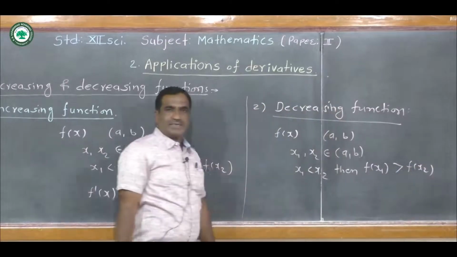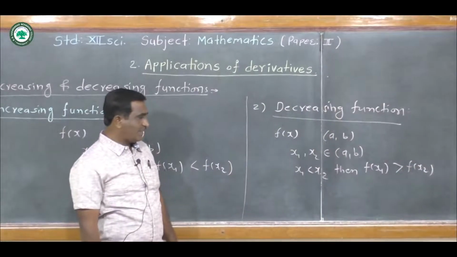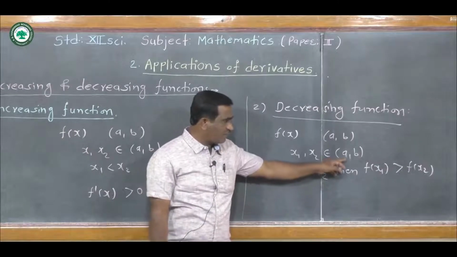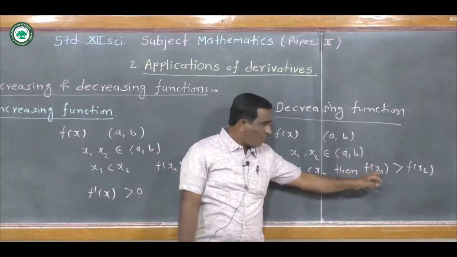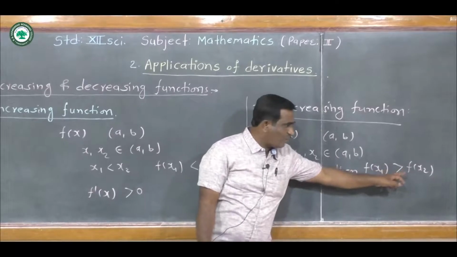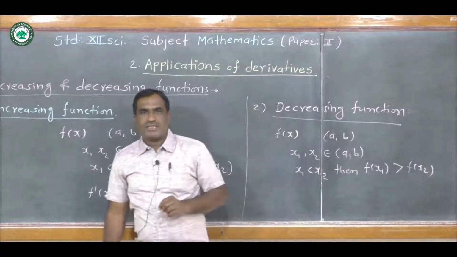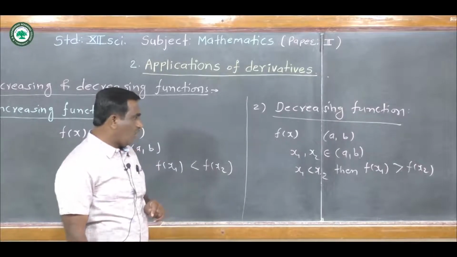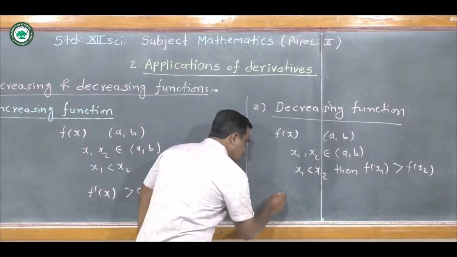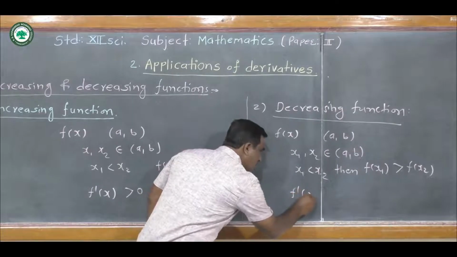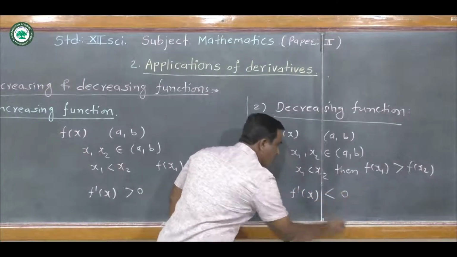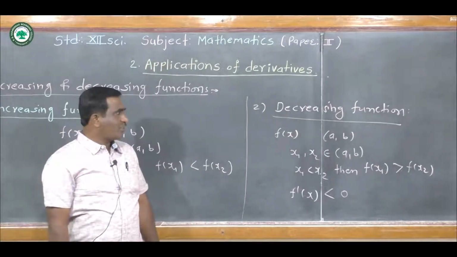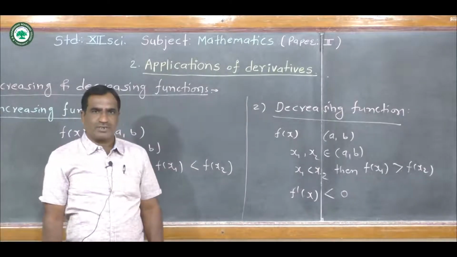That is, if x1 is less than x2, then f of x1 is greater than f of x2, then the function is said to be decreasing. Or in other words, if the first derivative f dash of x is less than 0, then the function is also said to be decreasing.